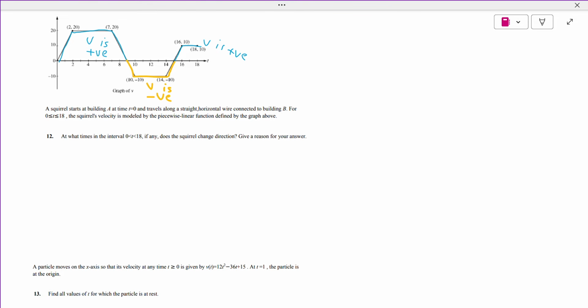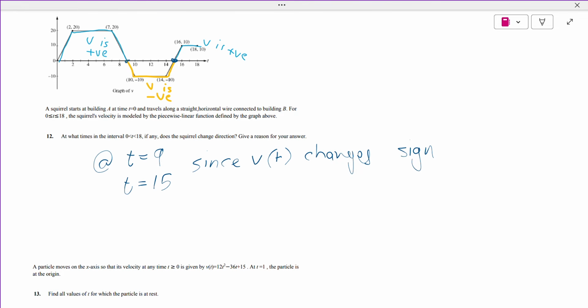Well, it changes direction here and here. So at t equals 9 and t equals 15, since v of t changes sign at those two t values.